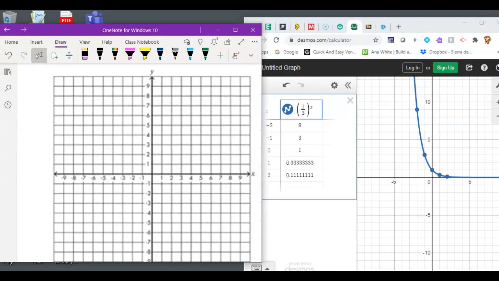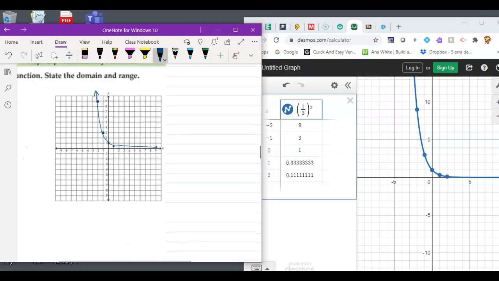I can plot the point -2, 9, -1, 3, 0, 1, 1, 1/3, and so on. And again, I still have that asymptote. It's getting closer and closer to 0, but it's never crossing.